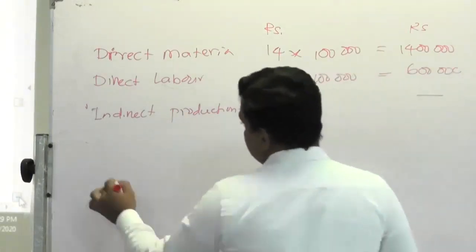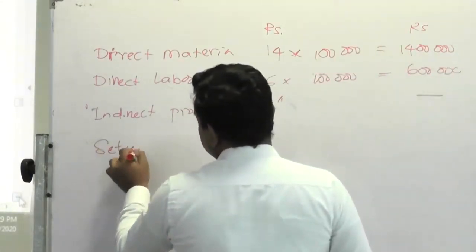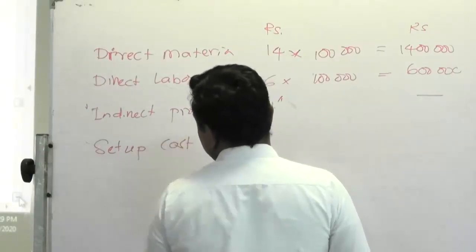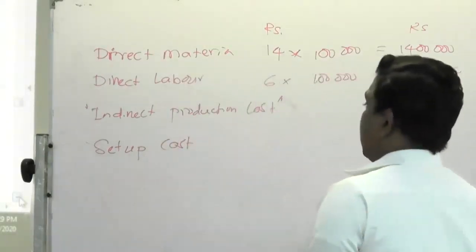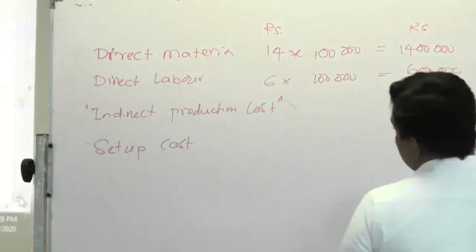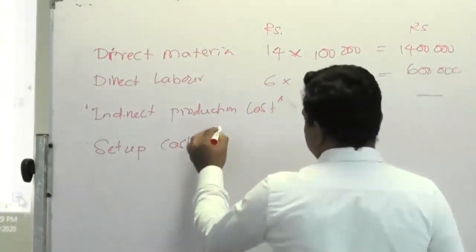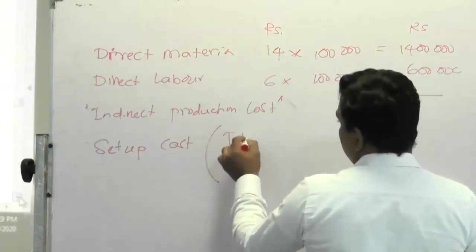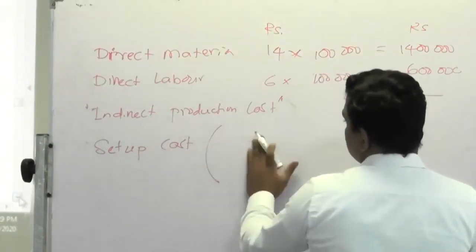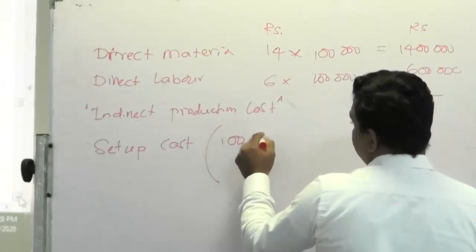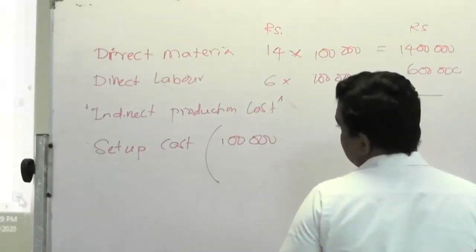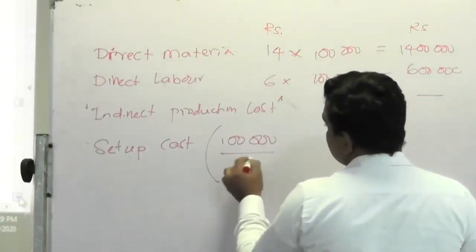Then you have to take setup cost. Setup cost is 3 rupees per unit. Setup cost will change according to the number of setups, that is total production, that is 100,000 you have to take. How many setups you have to prepare? 5 setups.